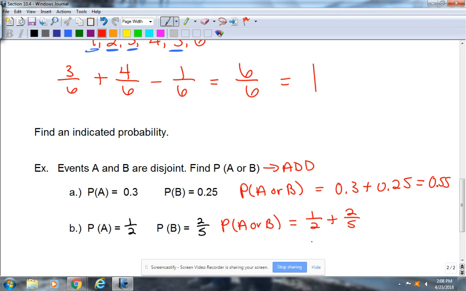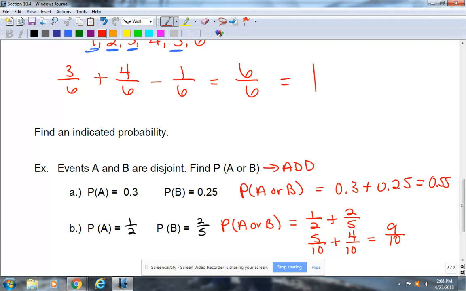So a half is 5 out of 10. 2/5 is, well, what times 5 is 10? 2. And 2 times 2 is 4. So that's 9 out of 10. Right? So on your homework, when you have problems like this, you just add the probabilities, if it says they're disjoint.